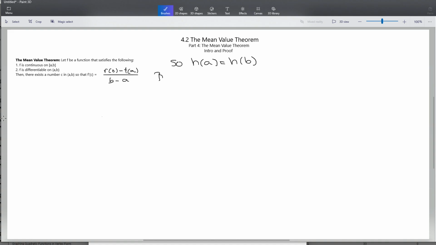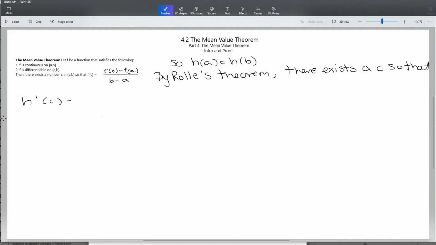Okay, so we would say by Rolle's theorem, okay, there exists a c so that h prime of c is equal to 0, right? That's what we know about Rolle's theorem. So let's look at what h prime of c is, okay?